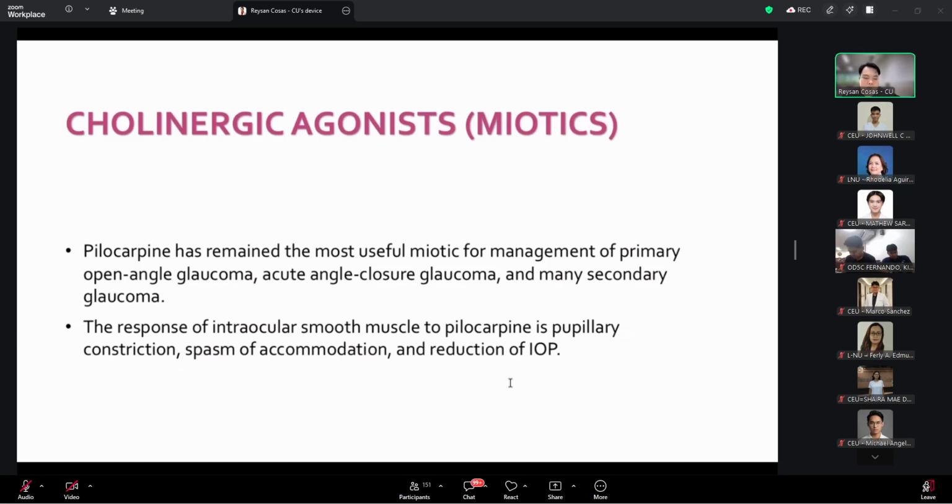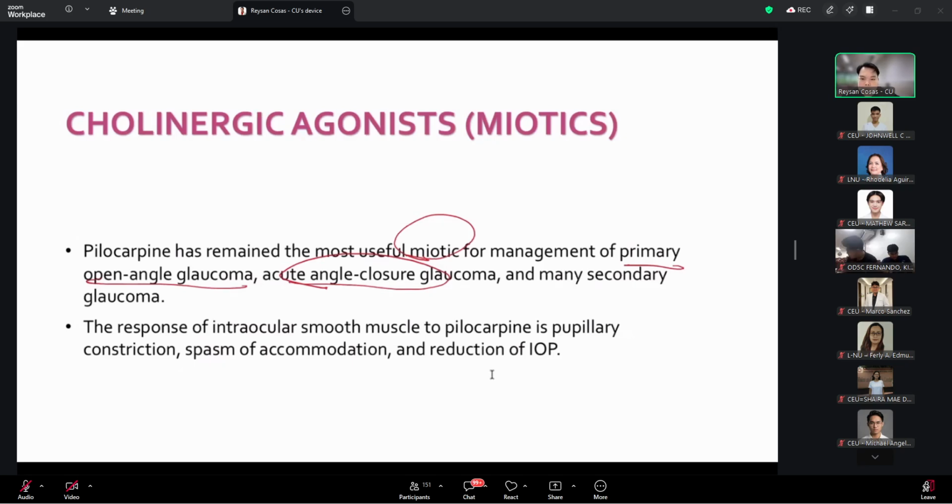So what is the useful indication of pilocarpine? It has remained the most useful miotic in primary open angle glaucoma and acute angle closure glaucoma. It is also usually the drug of choice for emergency lowering of intraocular pressure during angle closure glaucoma.